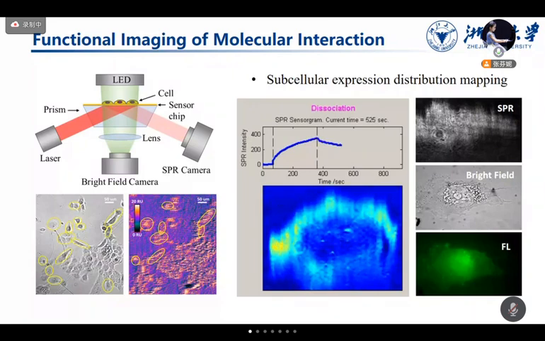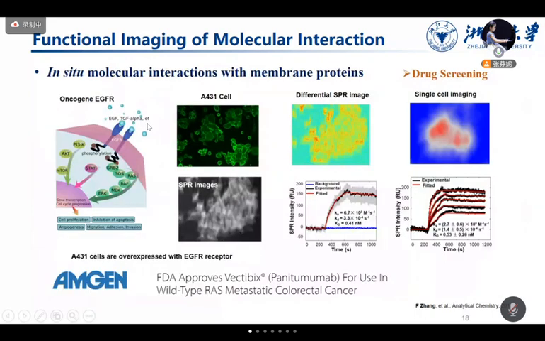Currently, we are trying to establish this method with a very typical receptor, the oncogene EGFR, which has been demonstrated to be related to the development of cancers.